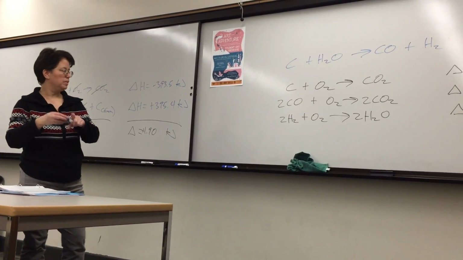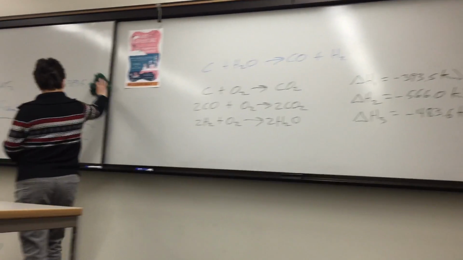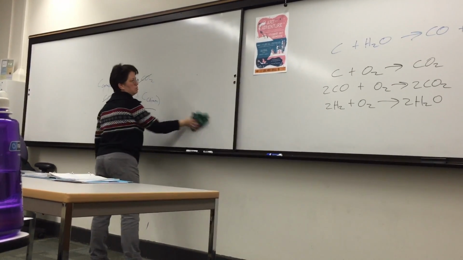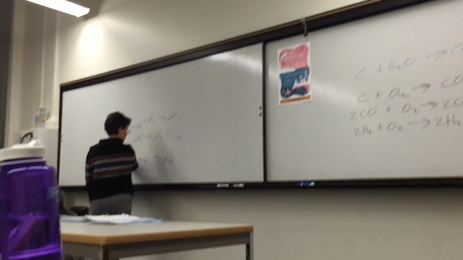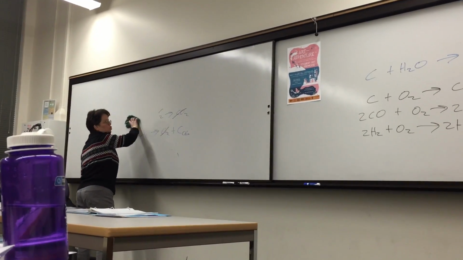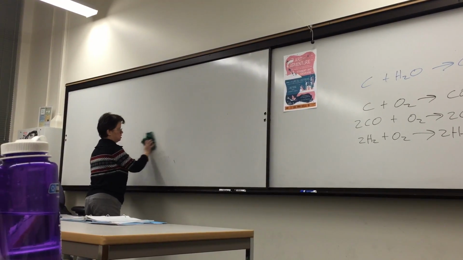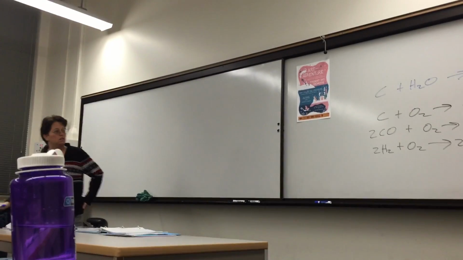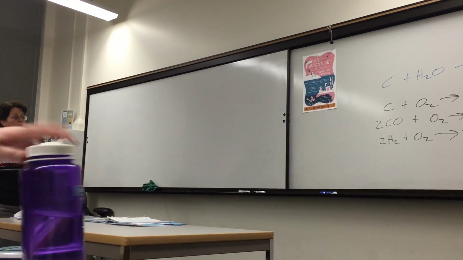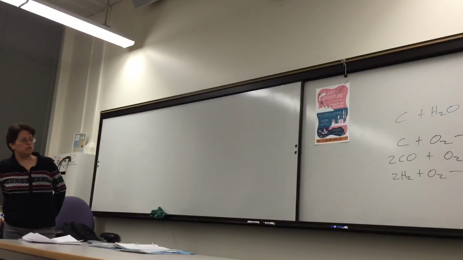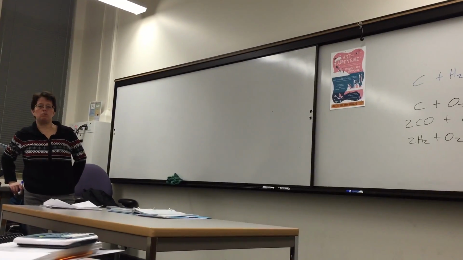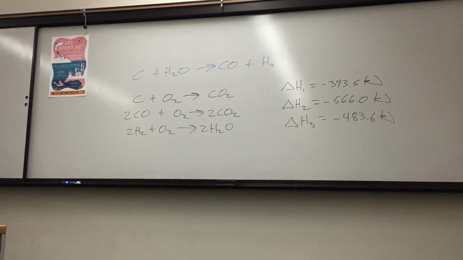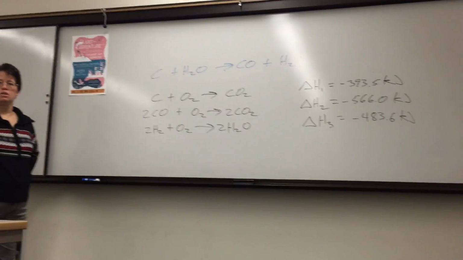I think we're good, right? Okay, so what do I need to do first? If they weren't balanced, we would need to double check that they're balanced. I think we're okay on all of them, aren't we? Now you need to see if you need to change any of them, like if you need to flip them.